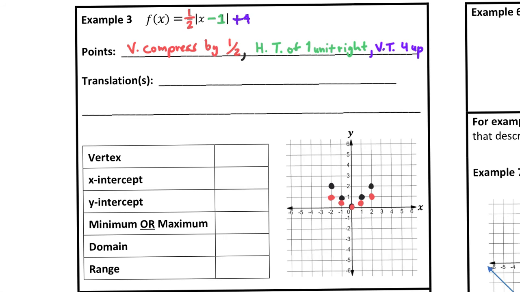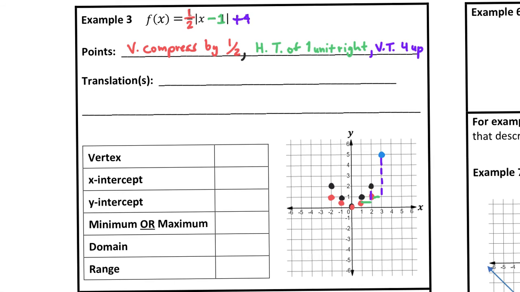And then we're going to translate the points 1 unit to the right. 1 unit to the right and 4 up. 1, 2, 3, 4. So right there. And do that again for the next point. 1 unit to the right and 4 units.